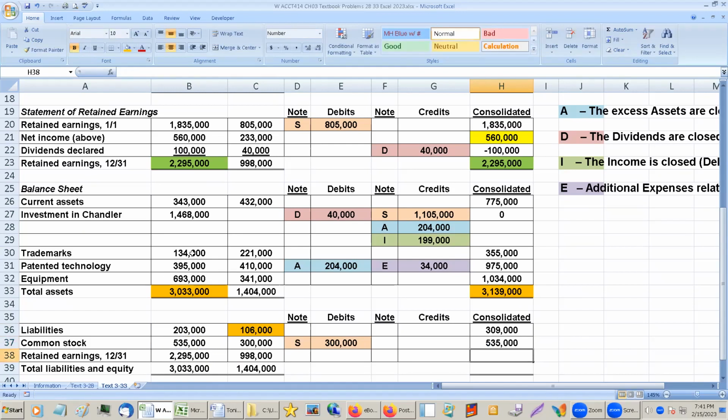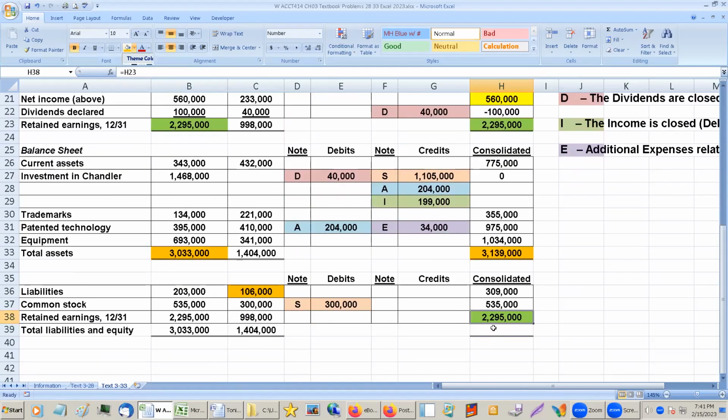Only stock that's left is parent company. Retained earnings is from there. That should be the same. You could also look at it like that.